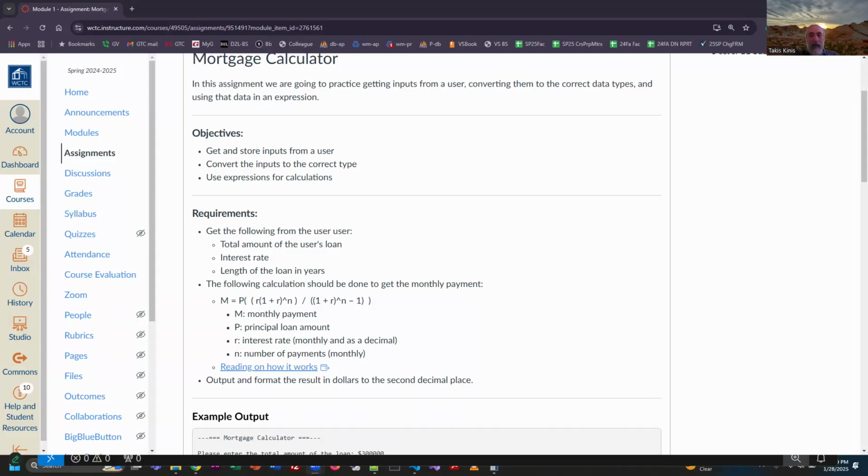But basically, we're looking at this equation, and our job, of course, is to convert it into a format that works for Python. Notice that all the letters in the equation have definitions, right? So M is what we're trying to ultimately calculate, which is the monthly payment. That's often the question that borrowers have when they take out a loan, like how much does it cost per month?